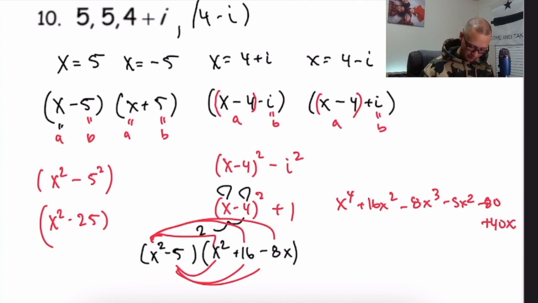Combining like terms, we got final answer. x to the 4th minus 8x cubed. Combining the squares, we have positive 11x squared plus 200x minus 400.